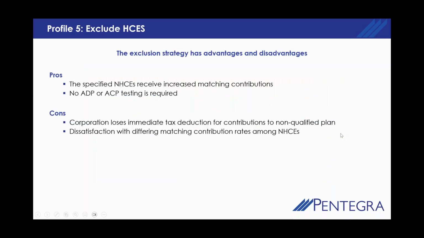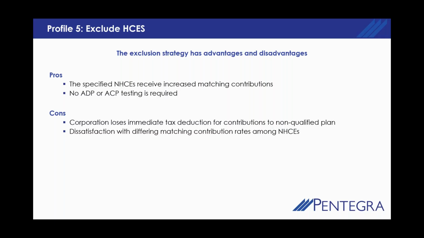So the pros here: the non-highly compensated employees, some of them are going to get more contribution. It's a way to reward those employees and hopefully retain them. And so that's a big benefit for the employees that are still going to be in the plan, and it simplifies testing from the employer standpoint, in terms of expenses of operating that plan, by removing those highly compensated.